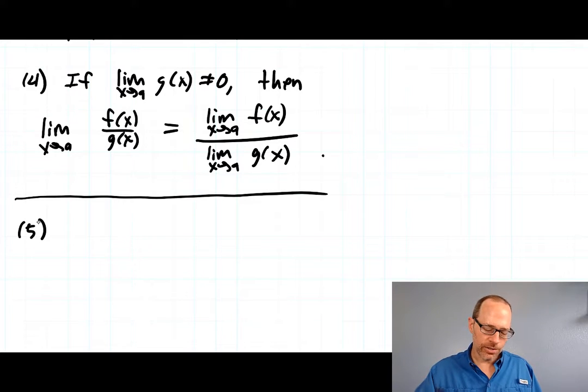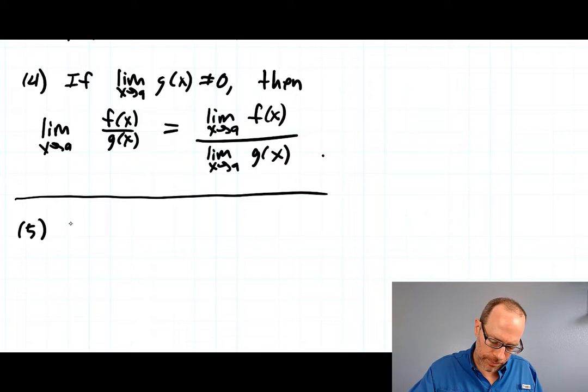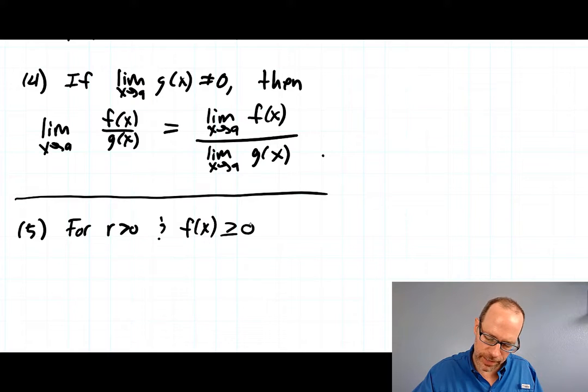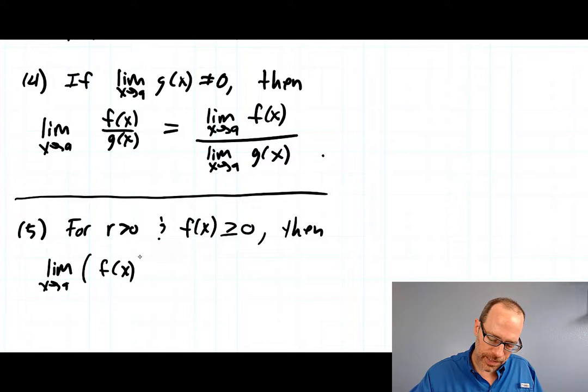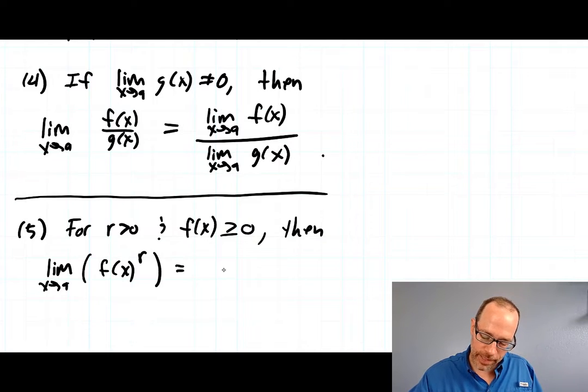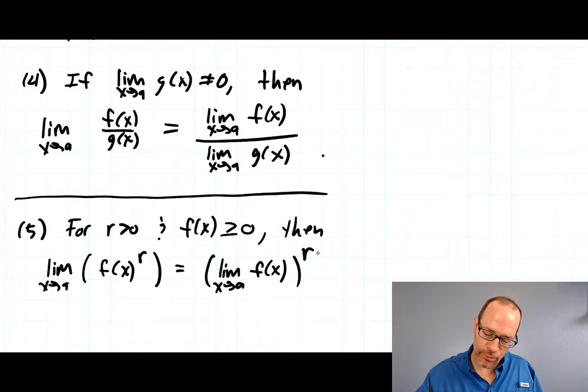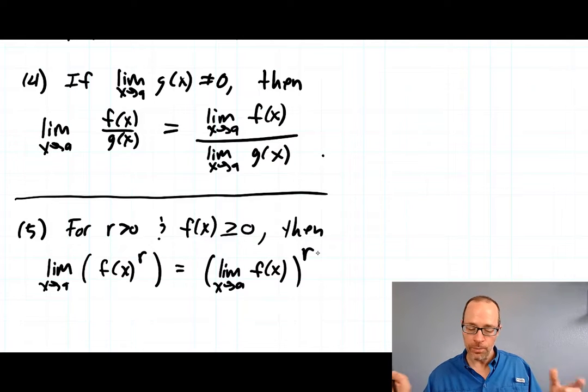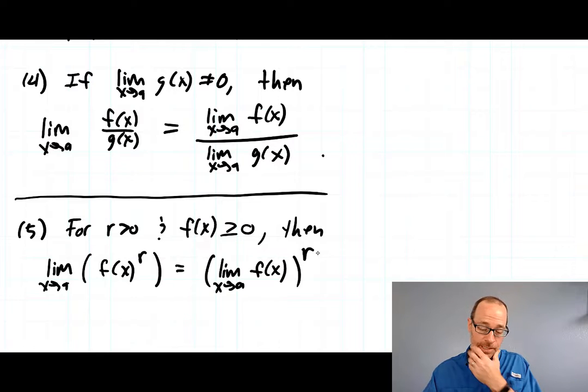It says also for real numbers r bigger than 0, and if your function is at least 0 everywhere, then if you do the limit as x goes to a of f of x to the rth power, you might as well have just figured out what the limit of f of x was and then did its rth power, like a square or a cube, or if r is a half, a square root, things like that.